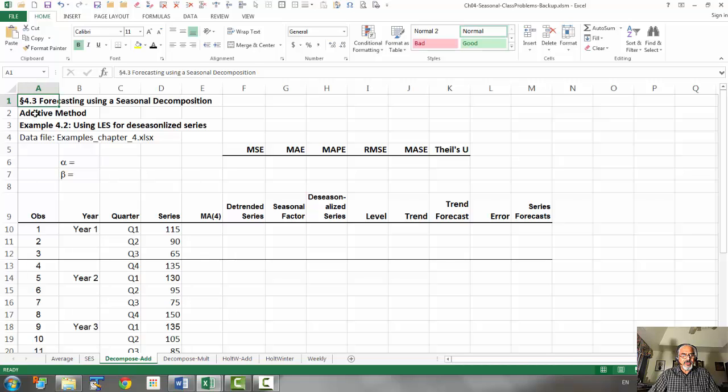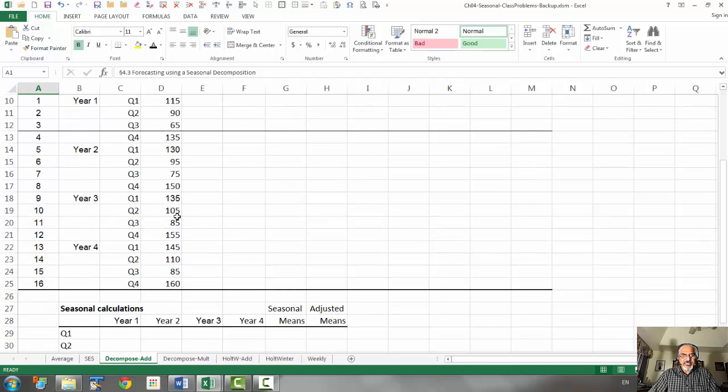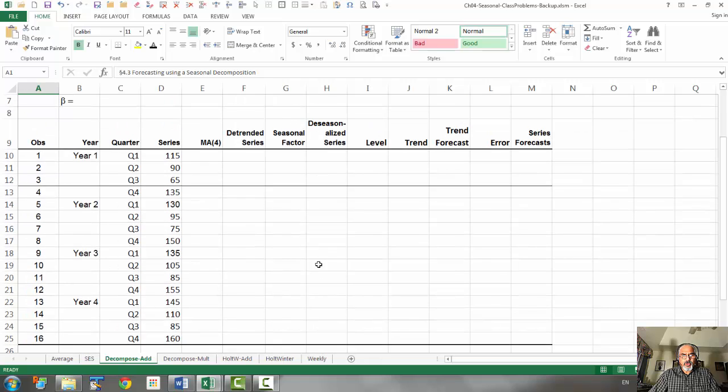Okay, this is the additive model that we are going to assume here. And as I said, multiplicative is just the same, except that wherever you add, you multiply, and wherever you subtract, you divide. So the first step is deseasonalizing the data. So that's what we're going to get here. First thing to do is to find the average.